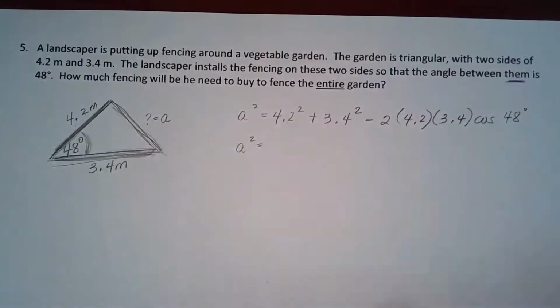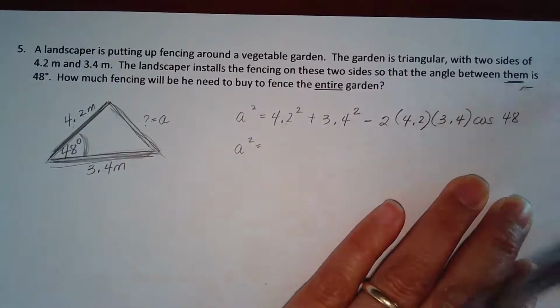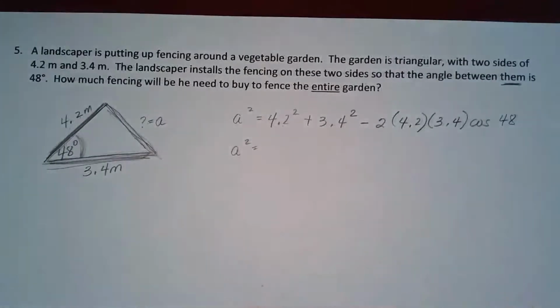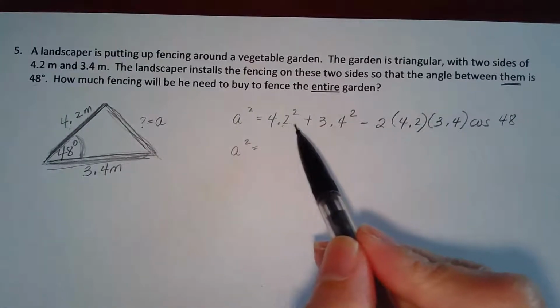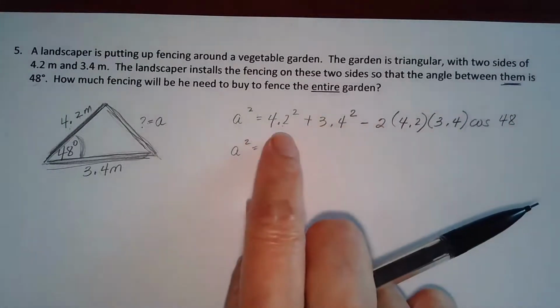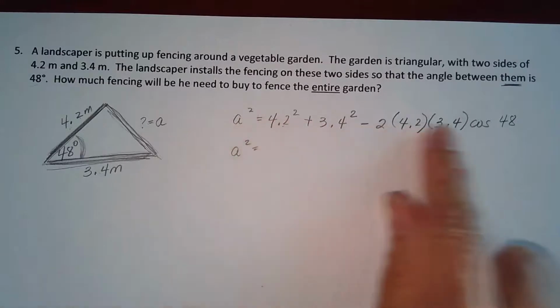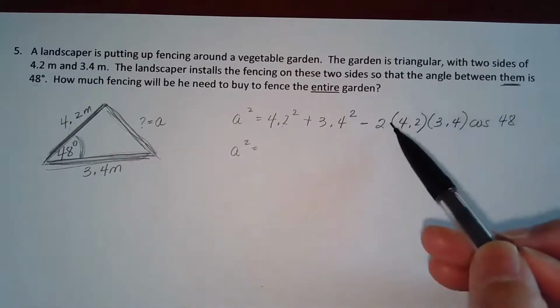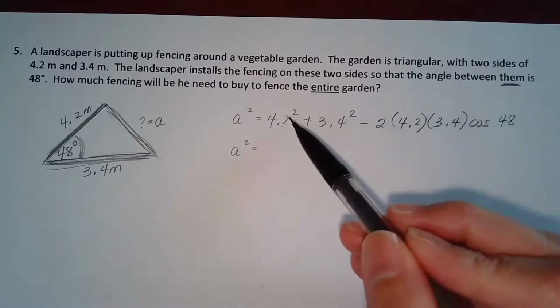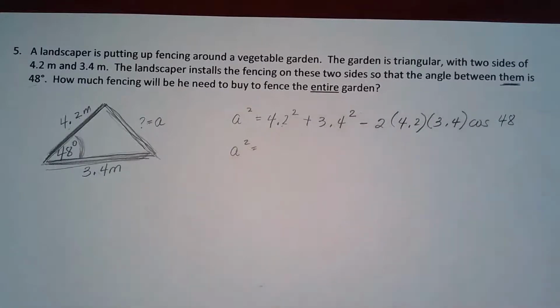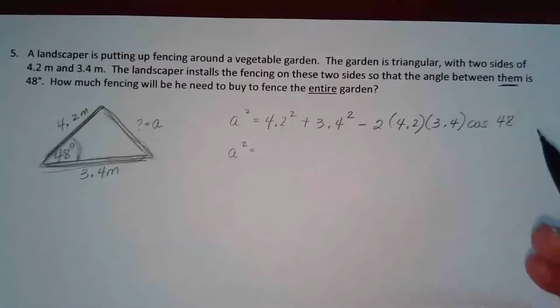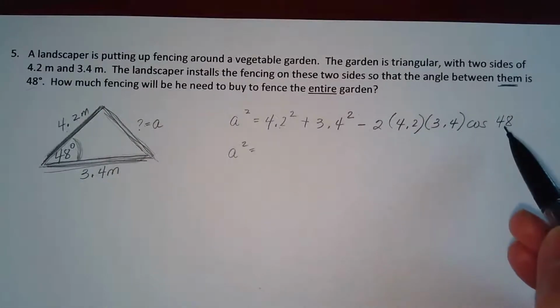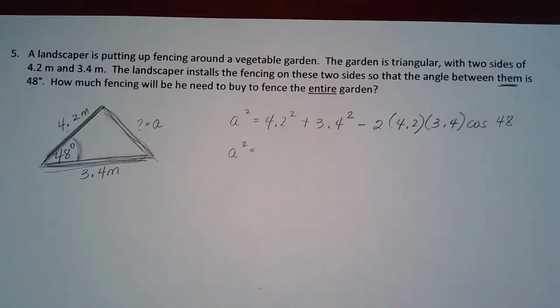Okay, this is similar to the questions prior. We just type everything in the way we see them. This is times, right? Times, and that's squared up there. And then cos of 48, and then we press the equal sign after we finish everything.